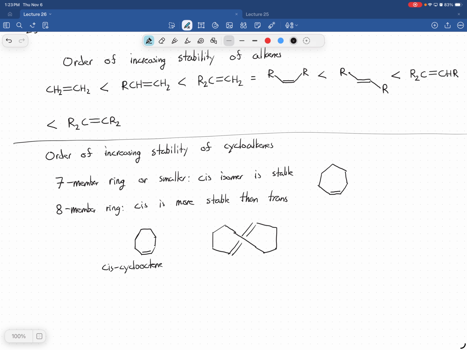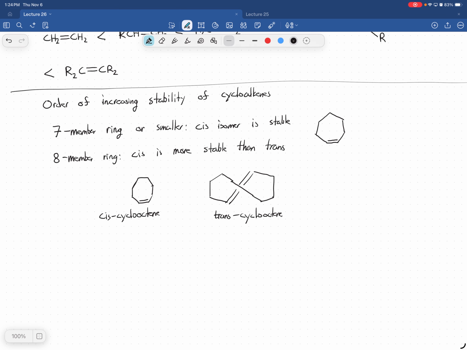Kind of this twist boat structure with the trans isomers. So you can see right away that it's probably not going to be very stable because the bonds are kind of overlapping here. So this is trans cyclooctene. All right. So for 8-membered rings, cis is preferred, and for any rings below 8, the cis isomer is the only one that forms. There can't be a trans because it's too unstable.